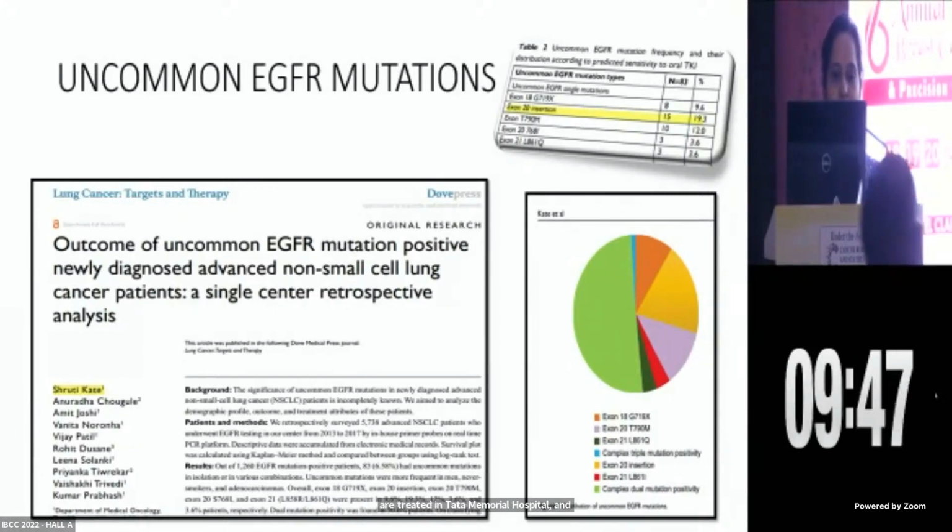Out of 5,738 patients tested for EGFR, 1260 were positive, and 83 patients had uncommon EGFR mutations, an incidence of 6.58%. Amongst these, exon 20 insertions were 19.3%, the third most common mutation overall.